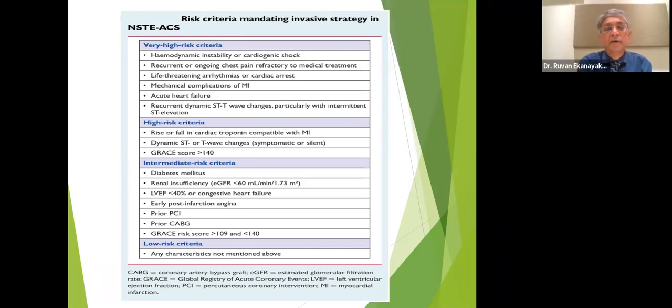If there is hemodynamic instability or cardiogenic shock, the blood pressure is dropping, or the patient is going into heart failure; recurrent or ongoing chest pain refractory to medical therapy; life-threatening arrhythmias, that is VT; mechanical complications of myocardial infarction, that is mitral regurgitation or VSD murmur; acute heart failure, that is the flash pulmonary edema; and the recurrent dynamic ST-T wave changes, particularly with intermittent ST elevation, which comes and goes. These are very high risk criteria, and even if one of these is present, the patient needs immediate catheter therapy.